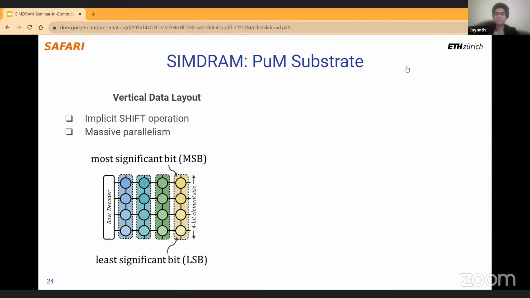That is, each row would store the ith bit of multiple data elements. This is done to perform bulk bitwise operations, as we just discussed in the previous slides, and also because this layout enables us to perform shift operations implicitly. With the vertical data layout, we can perform a shift operation without needing any additional shifting circuitry, because row shifting would now translate to copying one row to another.